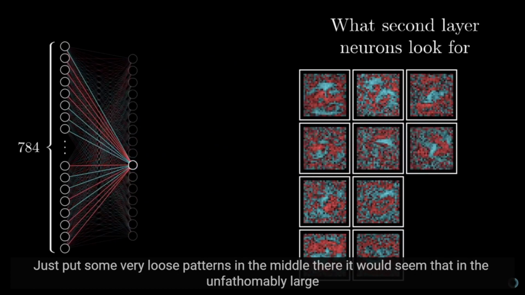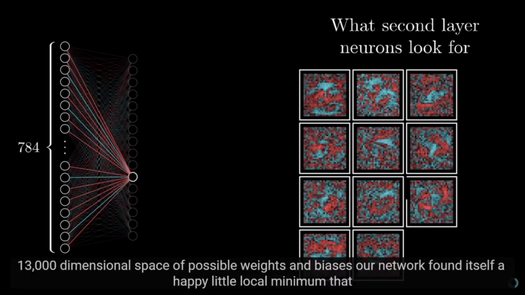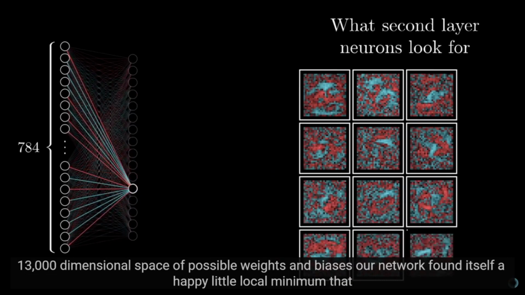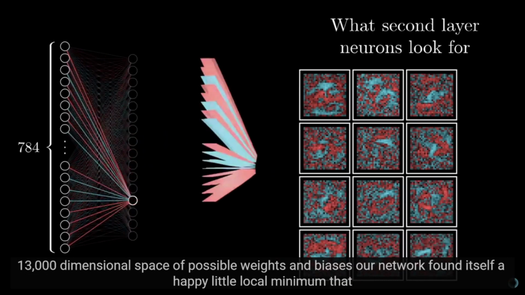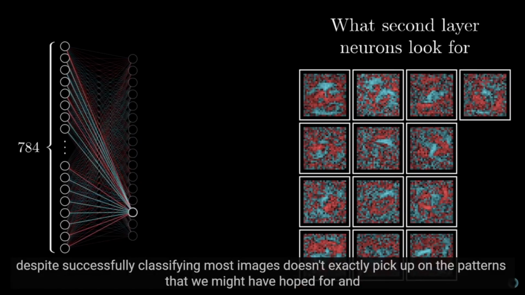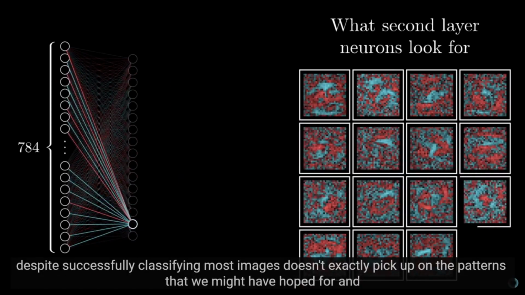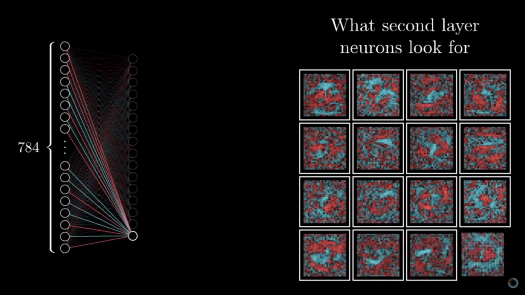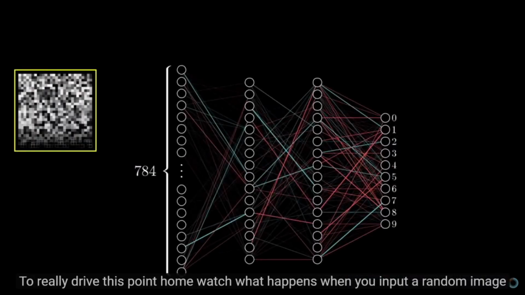It would seem that in the unfathomably large 13,000 dimensional space of possible weights and biases, our network found itself a happy little local minimum that, despite successfully classifying most images, doesn't exactly pick up on the patterns that we might have hoped for. And to really drive this point home, watch what happens when you input a random image.